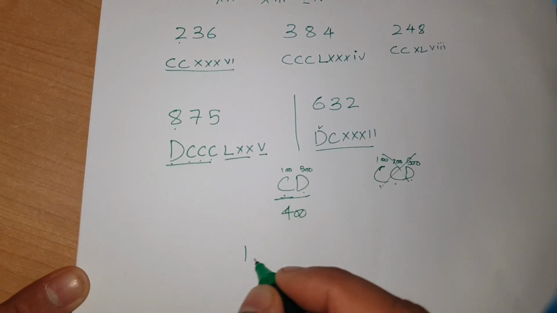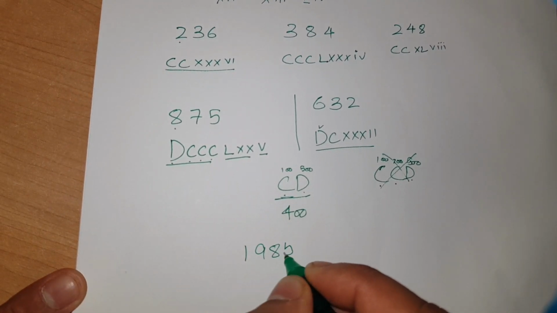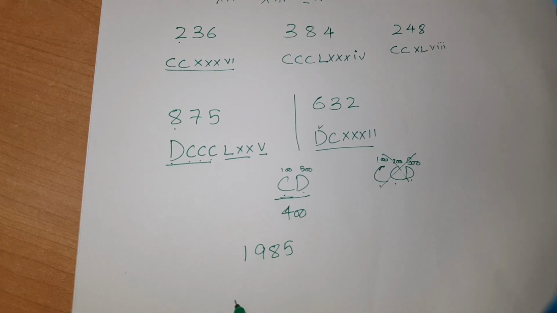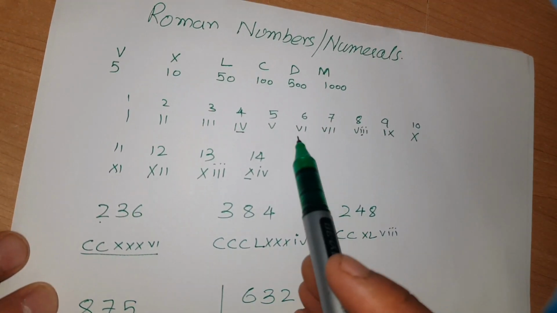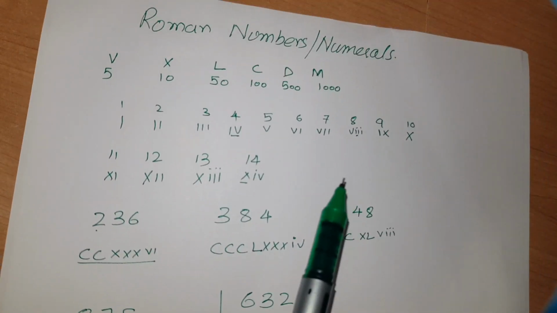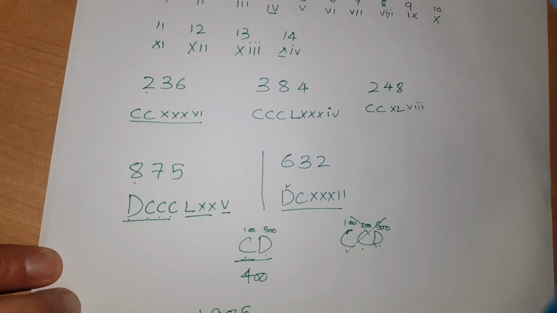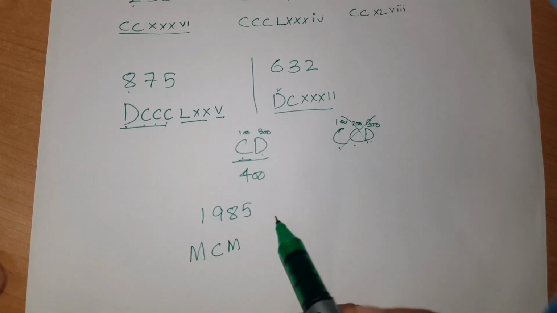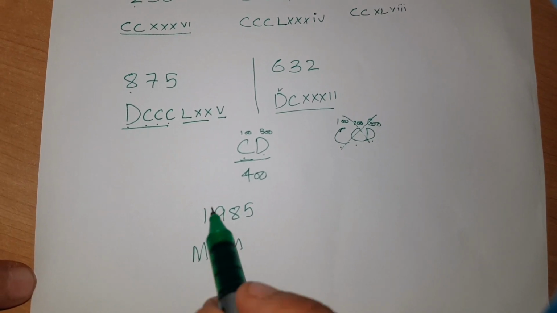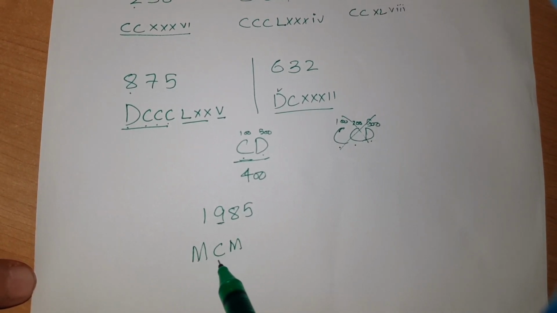For example, 1985. So first of all, 1000 is what? 1000 is M. Like I said earlier at the top, 1000 is M. Then 900 is what? 900 is 1000 minus 100. So when we say 1000 is M, for 900 it is CM.